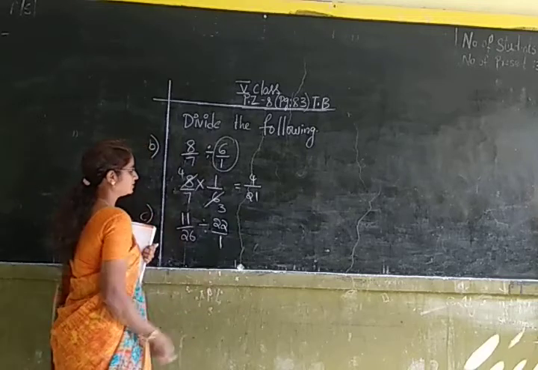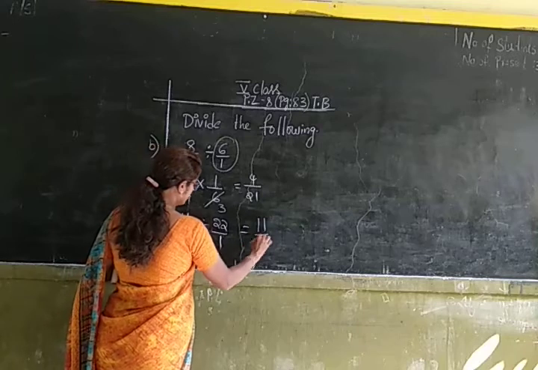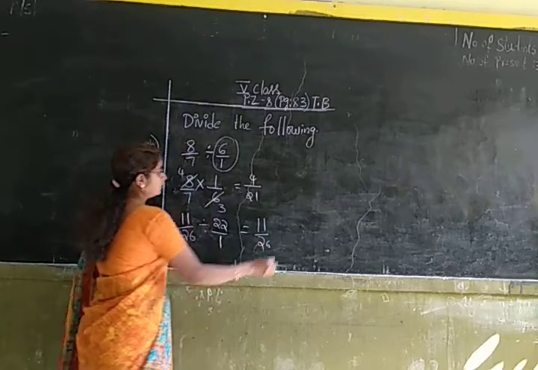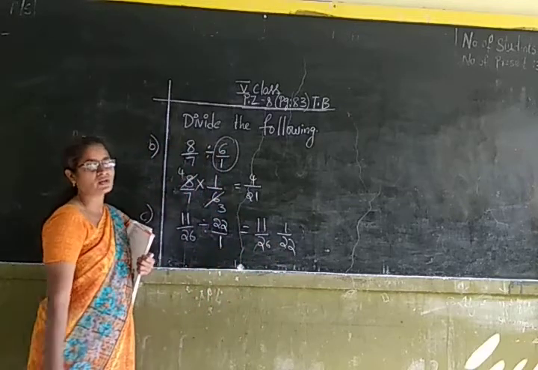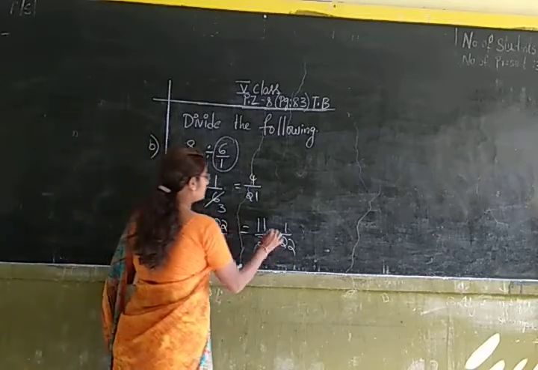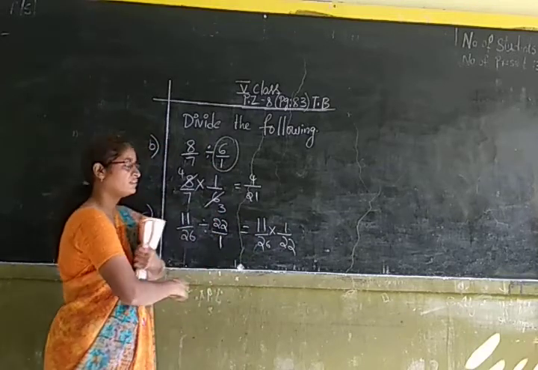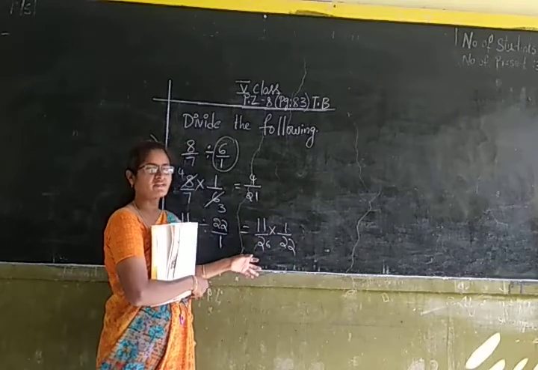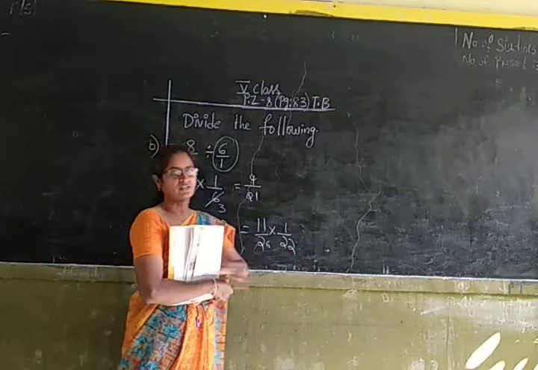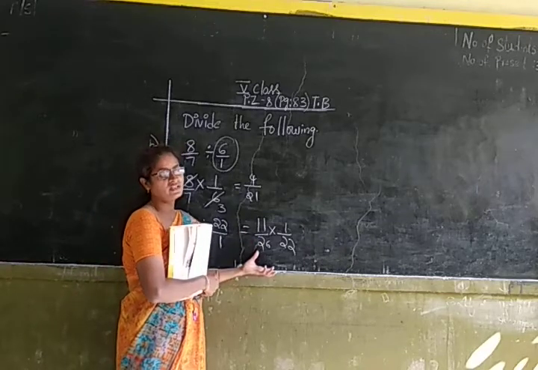Now let us write down the reciprocal of the whole number. The reciprocal of 22 by 1 is 1 by 22. Now you have to multiply these two fractions. You can first simplify and then multiply, or multiply and then reduce. Let us first reduce the fraction and then multiply.